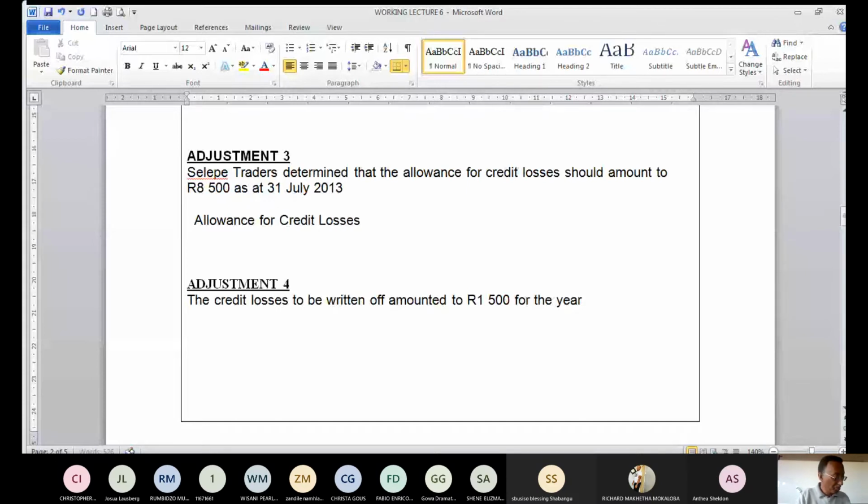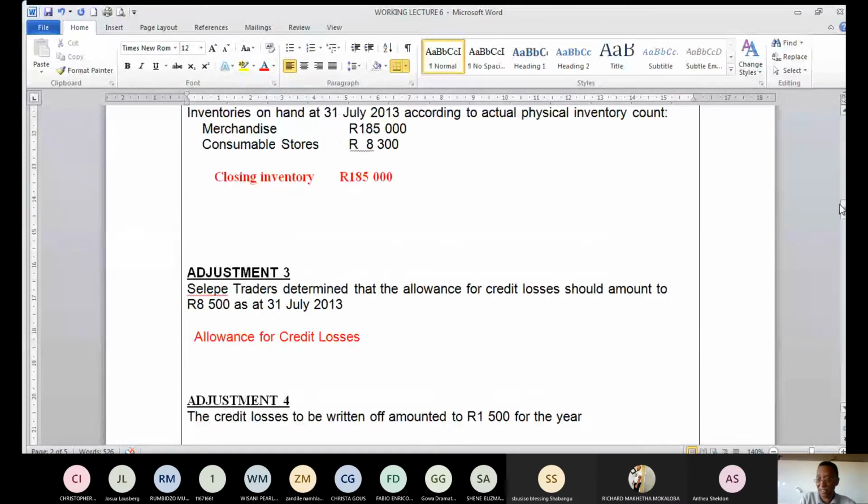The new amount must be 8,500, and in order for it to become 8,500 Rand, you will have to increase your allowance for credit losses. So let us go back to the trial balance now.